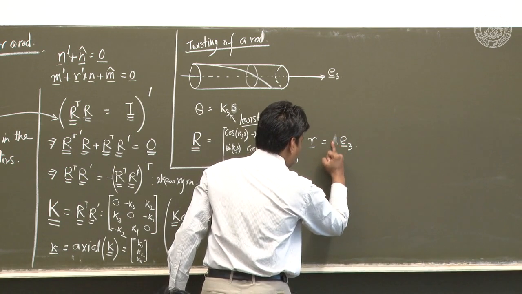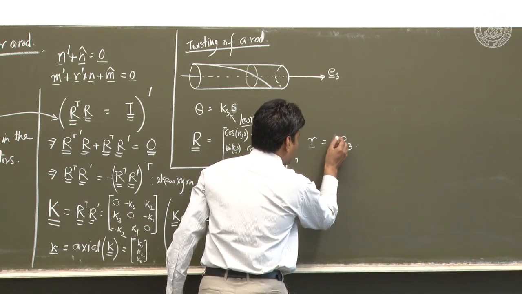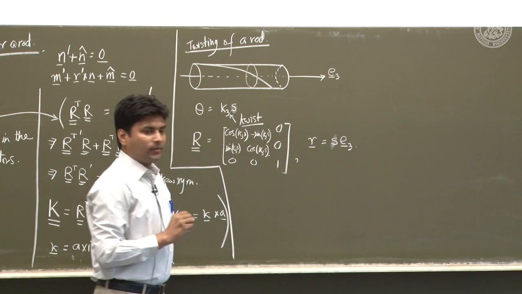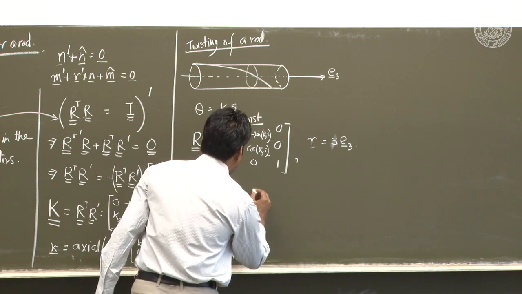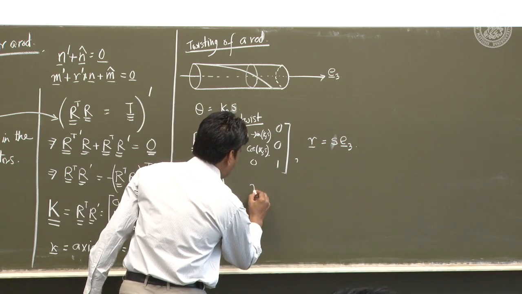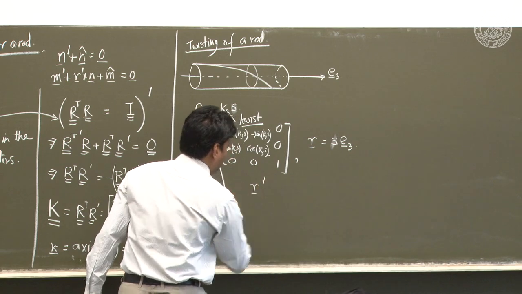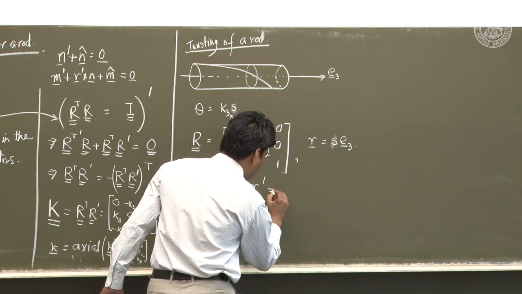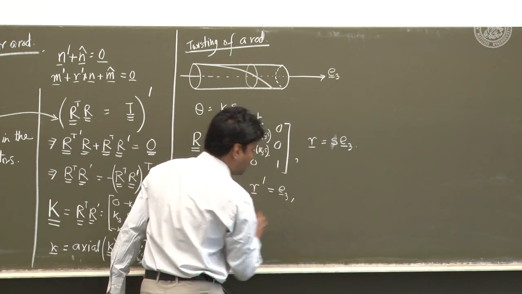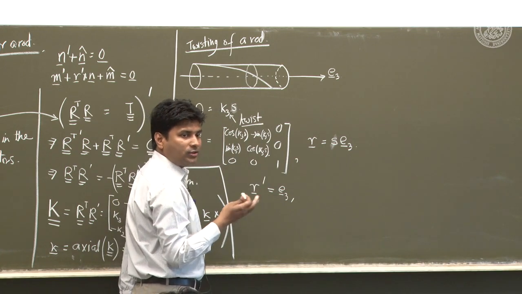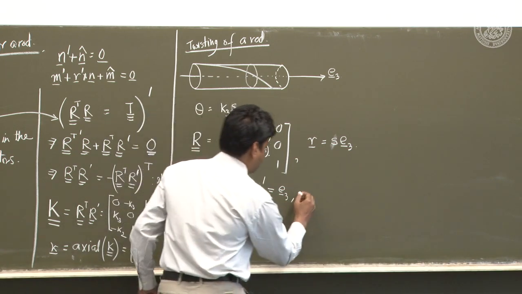Then what is little r prime? It is simply E3. And what's big R prime?